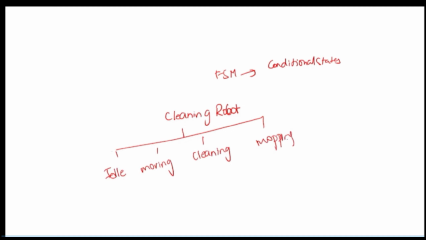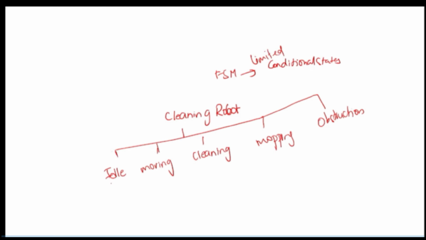There may be certain obstructions while it is moving, so in such cases it should decide what to do, like move to left or move to right. So in this way it has some limited conditions. We will use FSM in order to create these conditions.